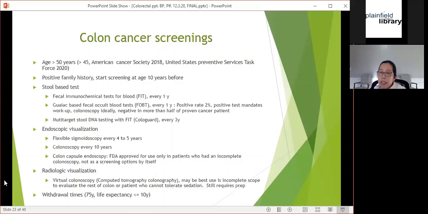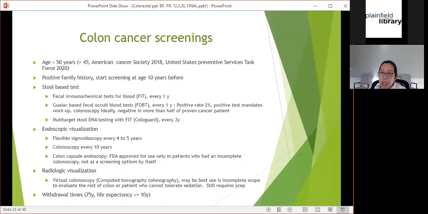Fecal-based tests include the fecal immunochemical test for blood every year. The guaiac-based fecal occult blood test, also called FOBT, should be done every year. However, the sensitivity of FOBT is very low. FOBT is negative in more than half of proven cancer patients.